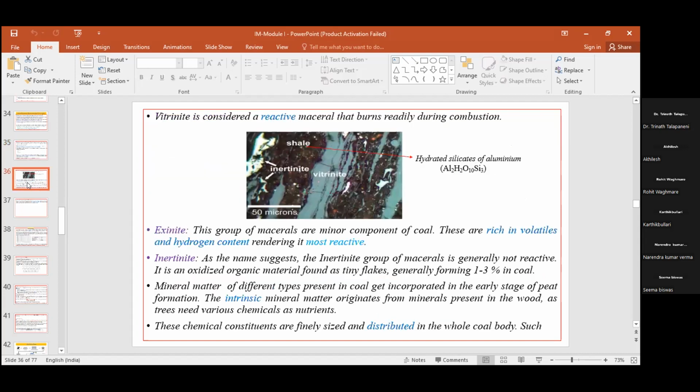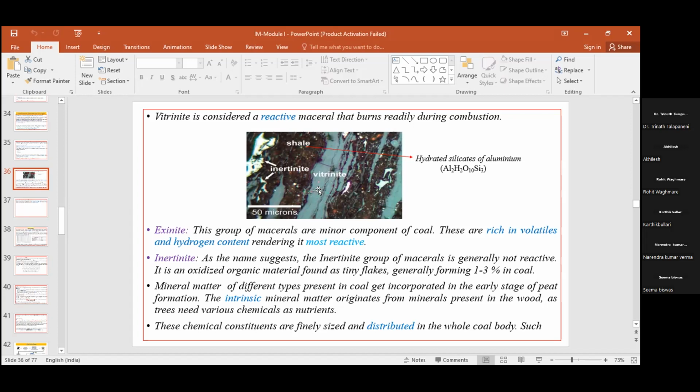You can see in this particular picture where we have vitrinites, which are located in the form of bands, the blue color ones. So they are very reactive minerals that burn readily when they undergo combustion.